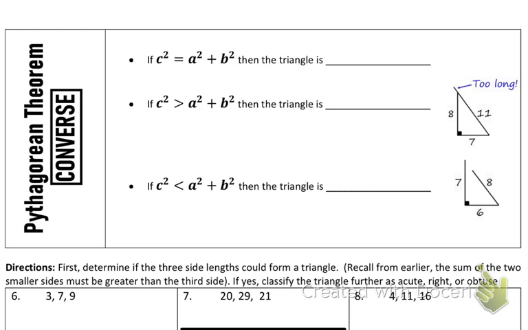The converse is flip that. If c squared equals a squared plus b squared, notice how I just put the c squared on the other side? For some reason, we traditionally do that when we're checking the converse. This is just a squared plus b squared equals c squared. If this is true, then the triangle is right. So this is the way to check to see if you do have a right triangle.